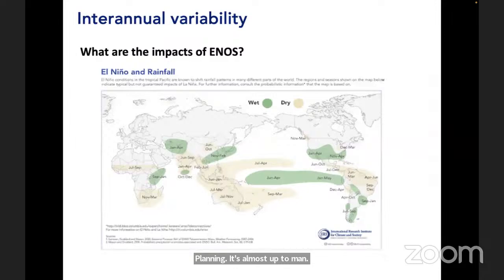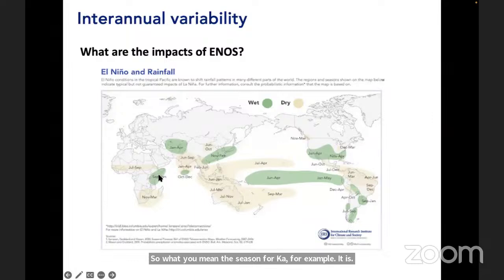So what is the impact? Forget the other parts, but if we focus on Africa, this is the impact of El Nino on rainfall. Green means wet. This yellowish is dry. El Nino, between September and January, which means the OND season for Kenya, for example, is positive.